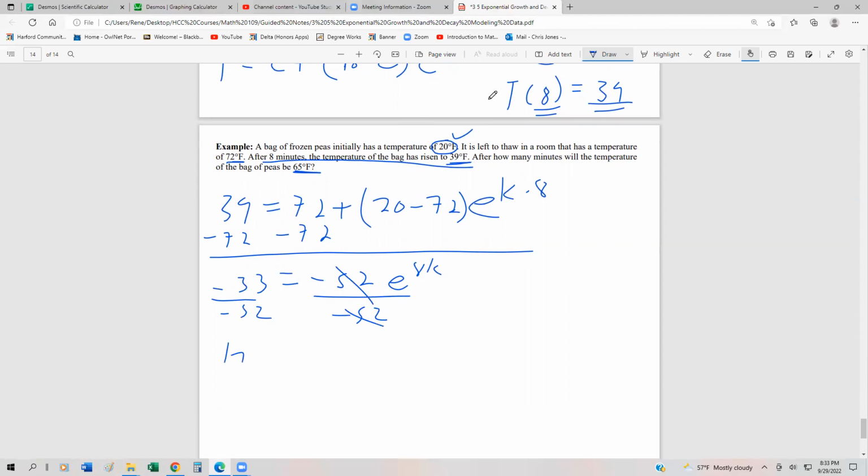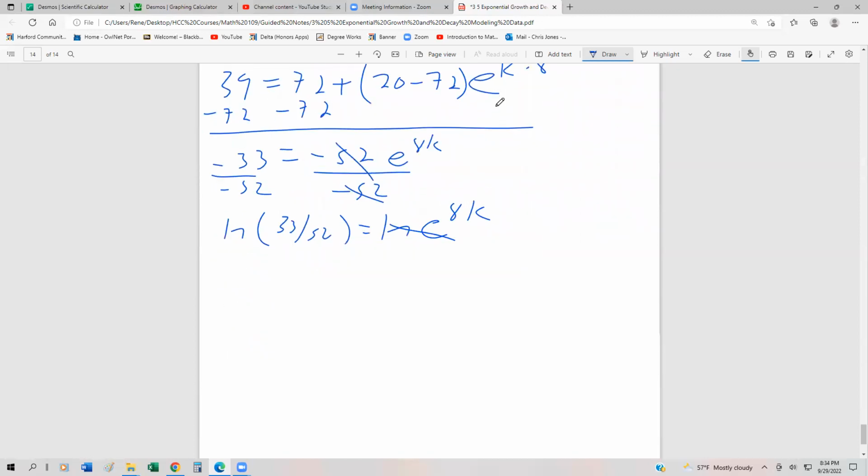So ln of 33 over 52 is equal to ln of e to the 8k. And then we can just divide by 8. So ln of 33 over 52 divided by 8 is equal to k.